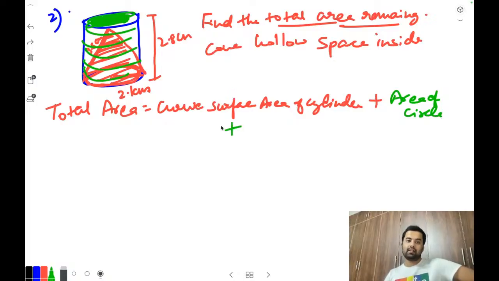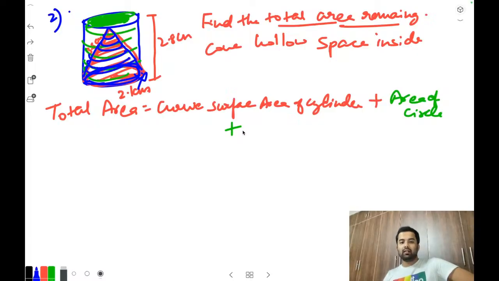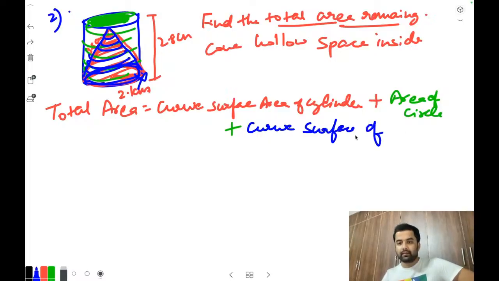Now the last part. Check this out, that is the main thing. From the bottom part, this is deleted now, which means this circle is not there. Only the side part of the cone is there. So plus curved surface area of cone. That's all. You'll get the answer.